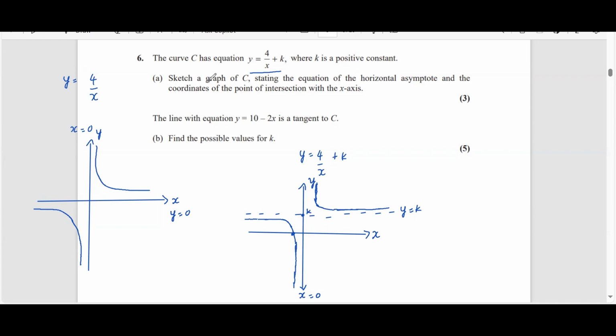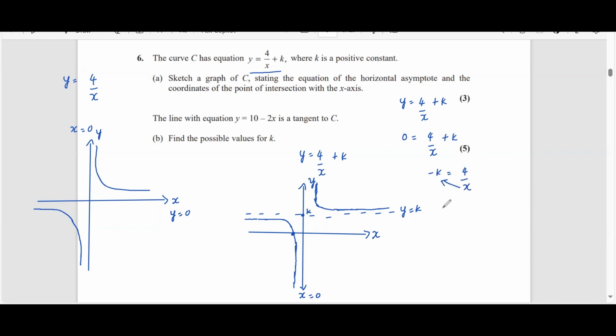So go back to the original equation. Y equals 4 by x plus k. To get the x-intercept, we know we need to put the value for y as 0. 0 equals 4 by x plus k. K goes to the other side. Minus k equals 4 by x.